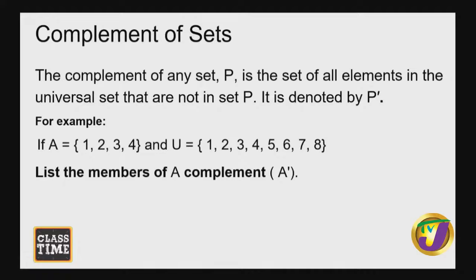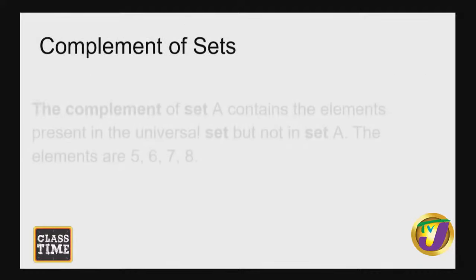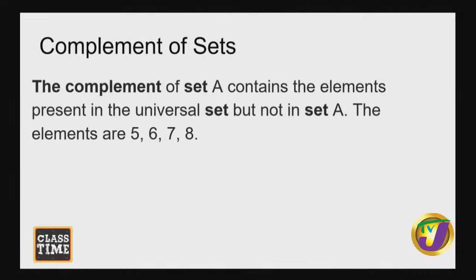In the universal set, I would just look at what is not in A but in the universal set. So that would be 5, 6, 7, and 8. Great. So the complement of set A contains the elements present in the universal set but not in set A. The elements are 5, 6, 7, 8.